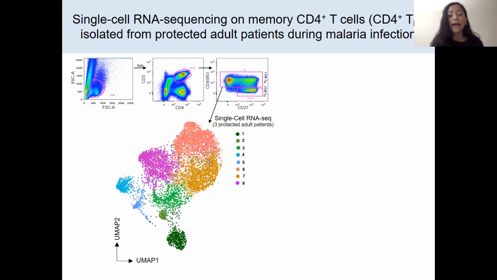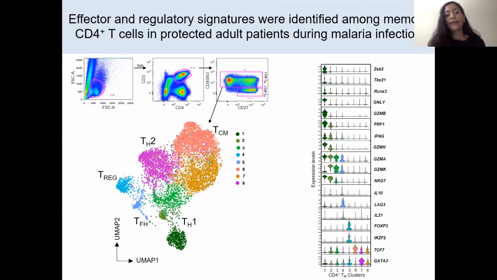And what we find is essentially distinct clusters of memory T cell populations based on their transcriptional profile. So in the next slide, we were able to see expression of different genes that allowed us to annotate these clusters of cells.